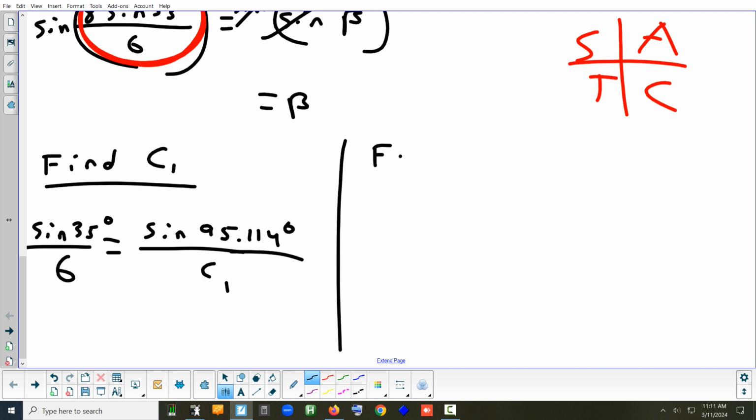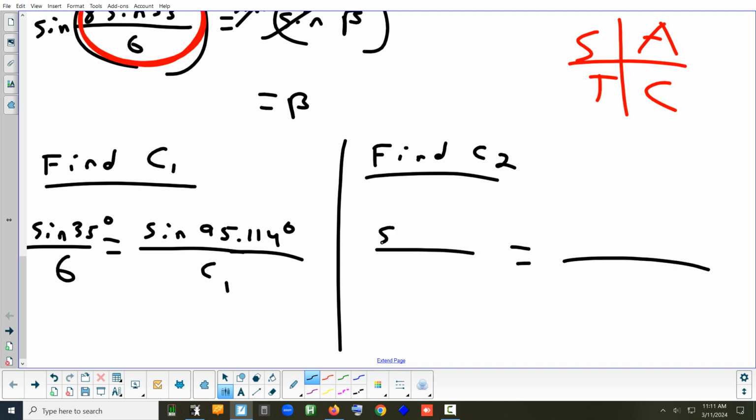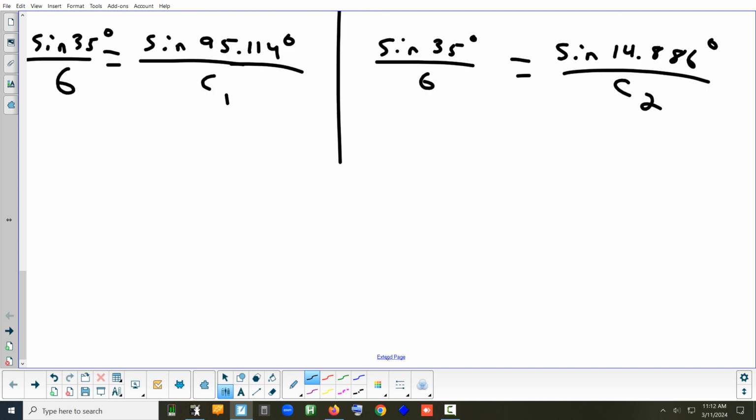And let's set up C2, since it's going to be almost the same. Sine 35 over 6. And what's the angle that's across from, what's gamma 2? 14.886.